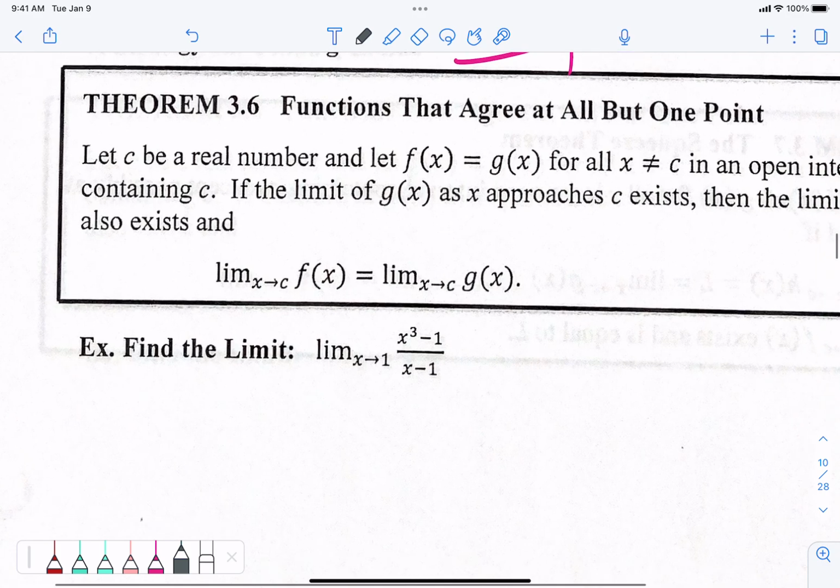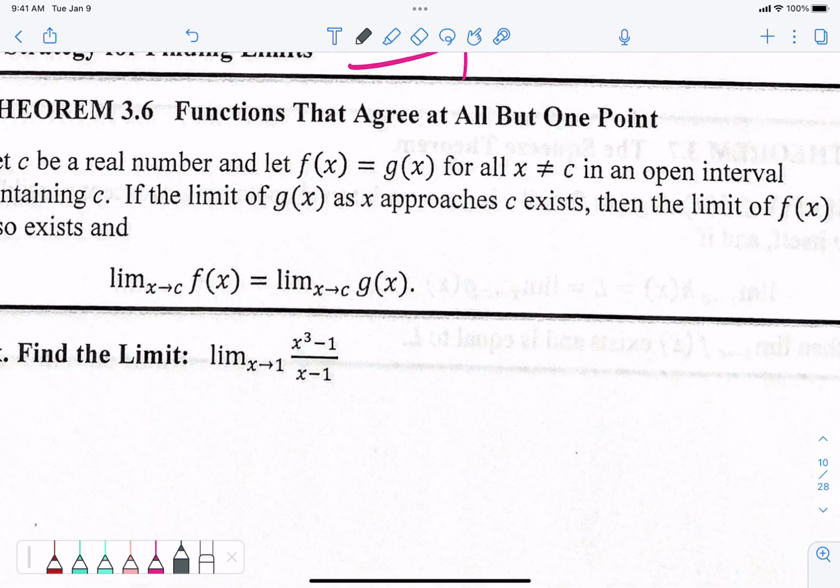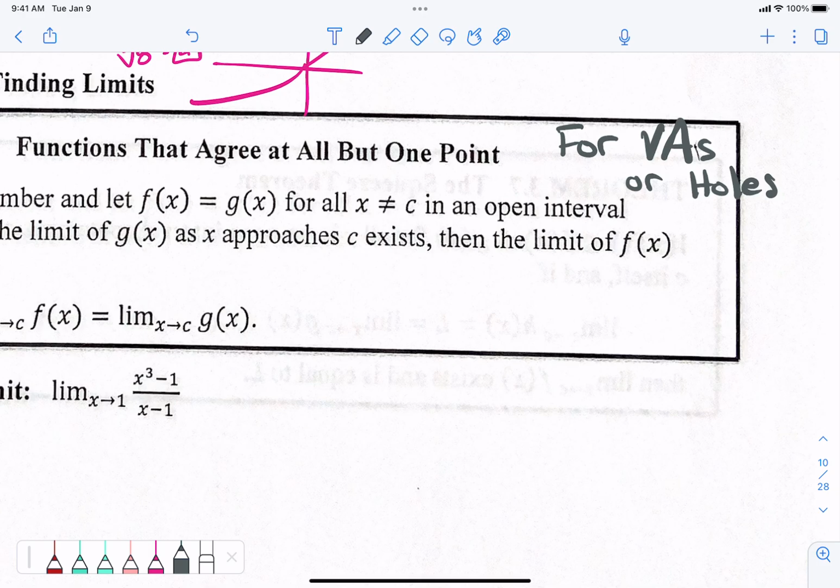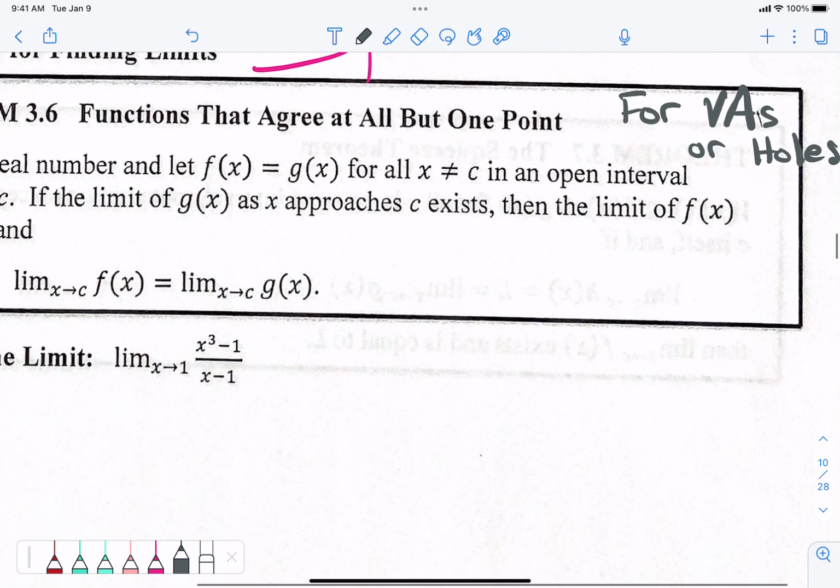All right, second strategy is for when you have vases or holes, okay? Like in this problem right here, I have a vase, or maybe it's even a hole, I don't know for sure, at 1. So I am not allowed to plug 1 in, because if I do that, then the bottom won't work, right?